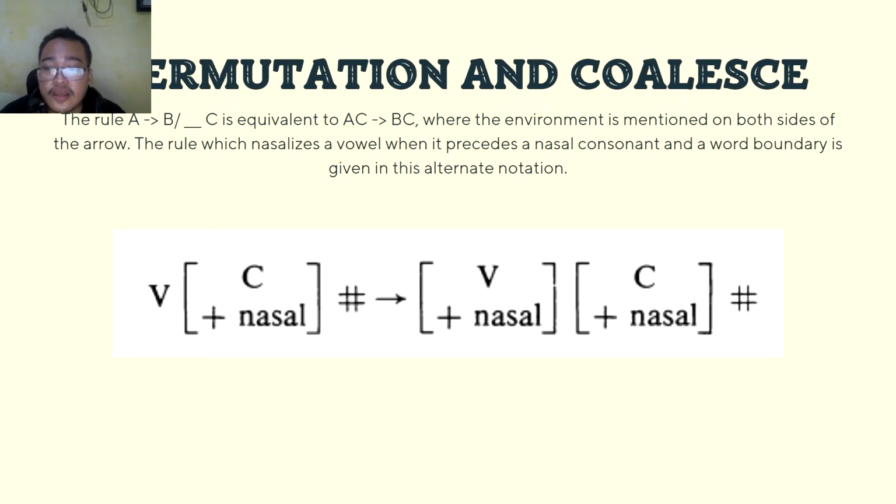The rule A arrow B slash C is equivalent to AC to BC, where the environment is mentioned on both sides of the arrow. The rule which nasalizes a vowel when it precedes a nasal consonant and a word boundary is given in this alternated notation.